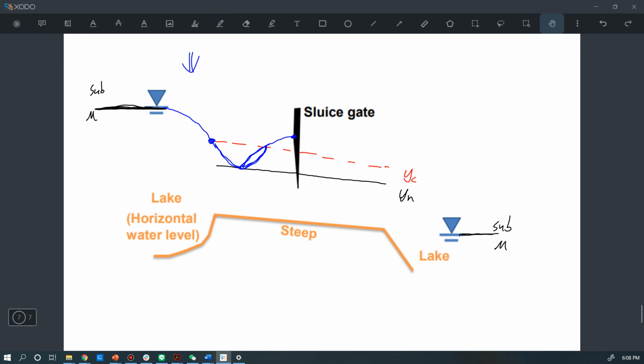Then for this region, the flow at this point is considered supercritical, and it will gradually increase to its normal depth. And then it will just stay at this normal depth. Then when you encounter this lake, you will gradually fall down to the lake. Okay?